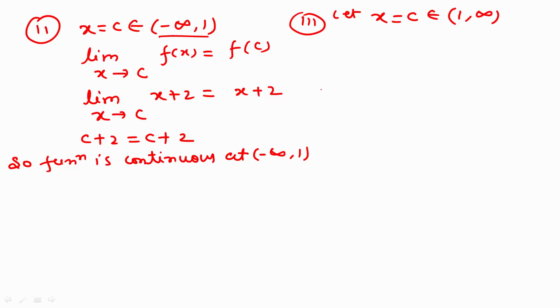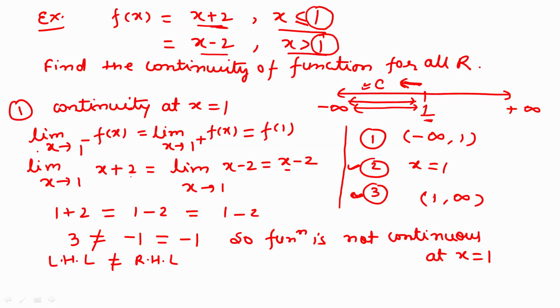So limit x tends to c f(x) is equal to f(c). But here you can see that all the numbers lying between 1 to infinity are greater than 1, so function will be in both cases x minus 2.